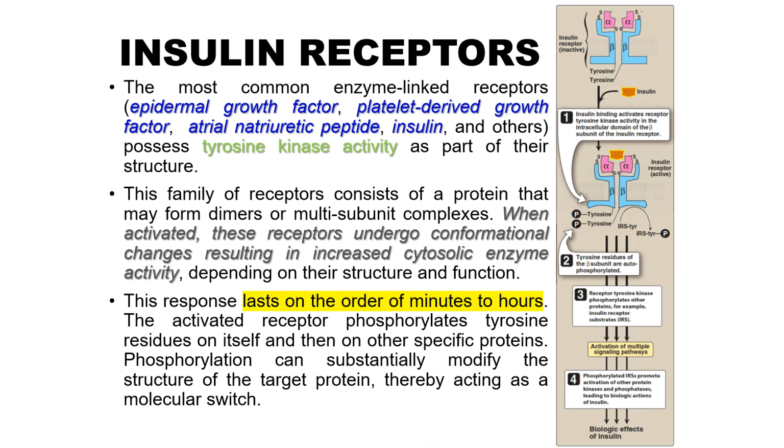Now the third type, the example of the third type, as we mentioned, is insulin receptor, which is enzyme-linked receptor.